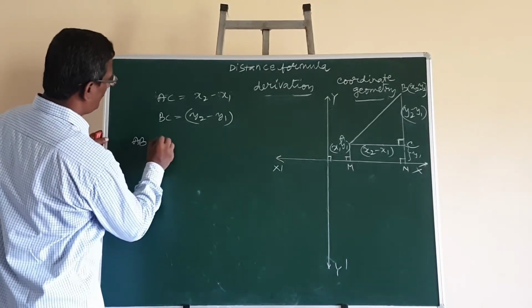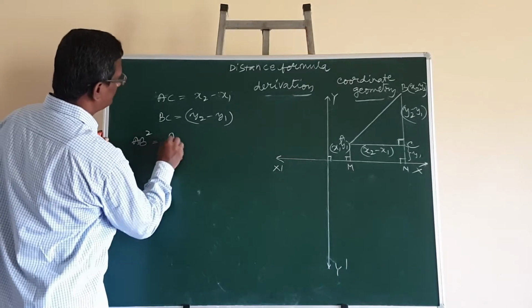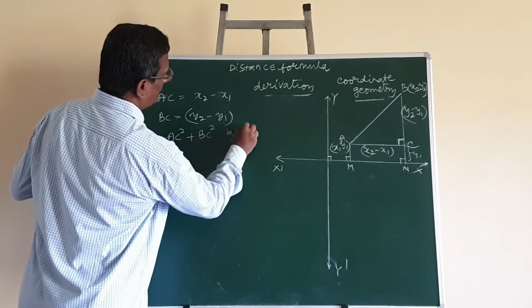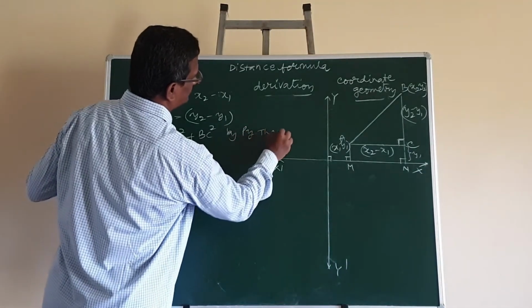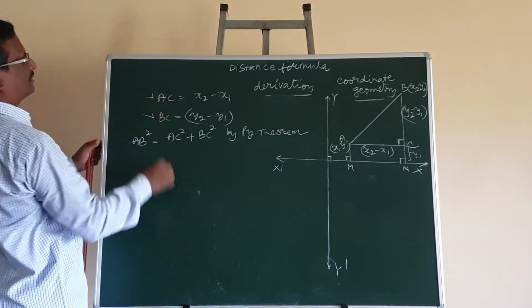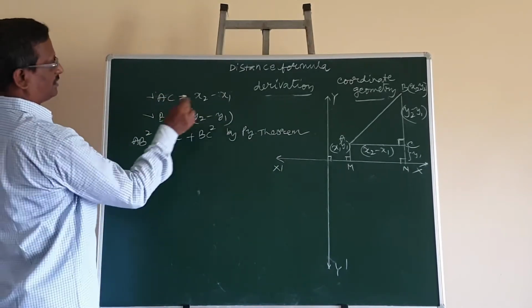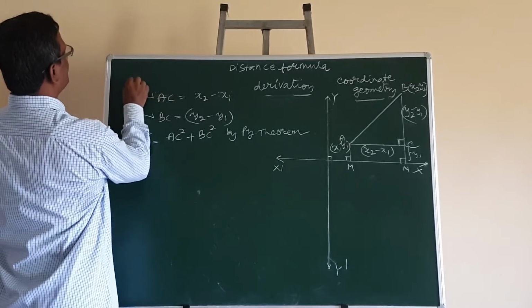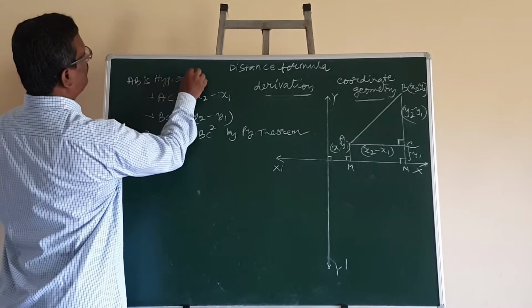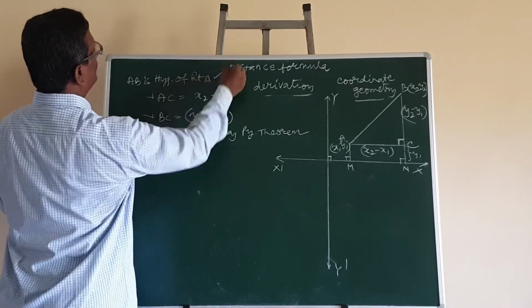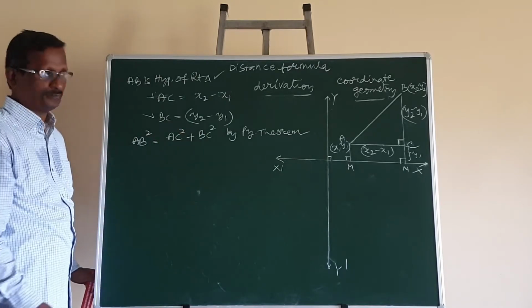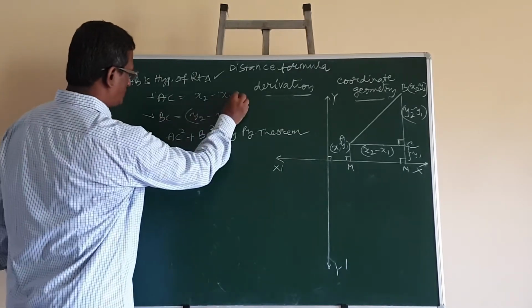Here AB square is equal to AC square plus BC square by Pythagoras theorem, because AC and BC are the right angle making sides of the right triangle and AB is the hypotenuse of the right triangle.